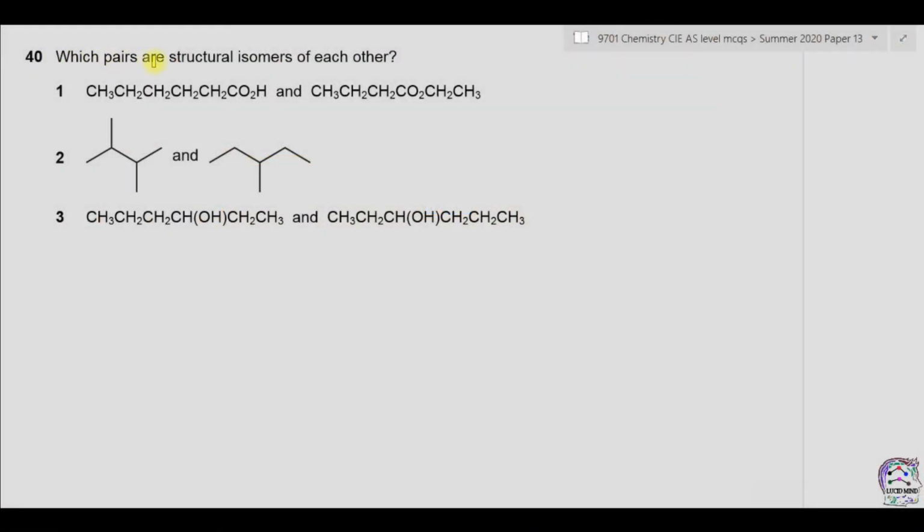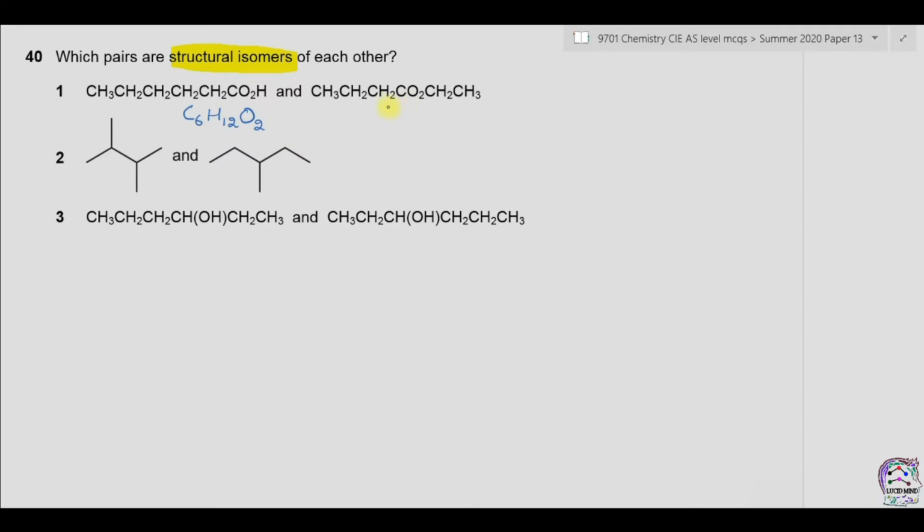Question 40. Which pairs are structural isomers of each other? Now by structural isomer we mean having the same molecular formula but different structures. Let's first find the molecular formula. In one we have 6 carbon atoms, 12 hydrogen atoms and 2 oxygen atoms.